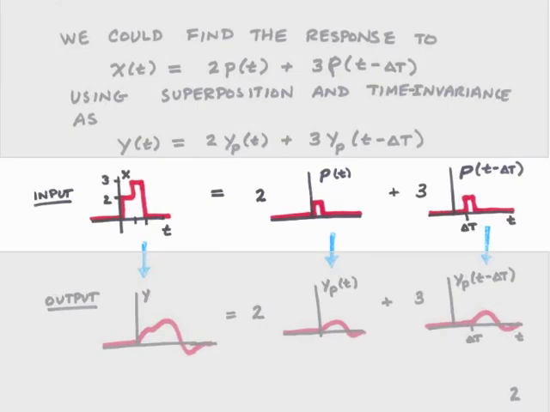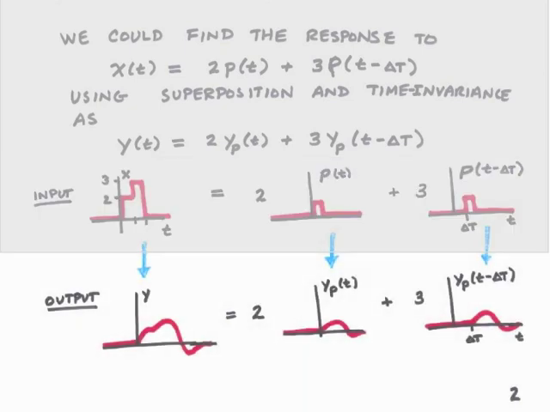So what have we done? We've taken our input x of t and we've broken it up into 2 parts. One part is 2 times p of t. The other part is 3 times p of t minus delta t. Since we know the response to p of t, we can use superposition and time invariance to find the response to this signal.